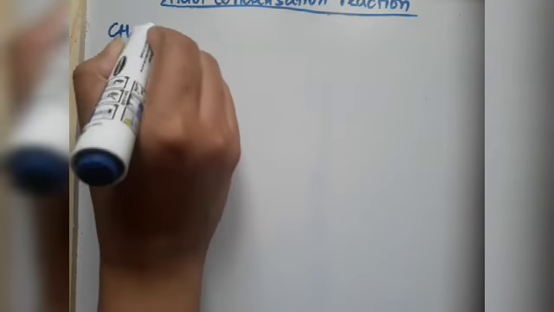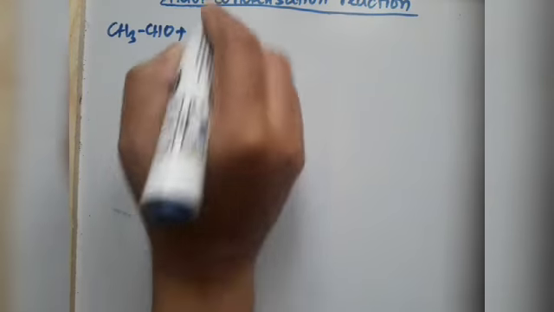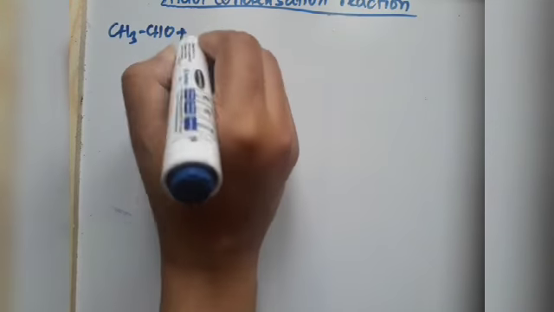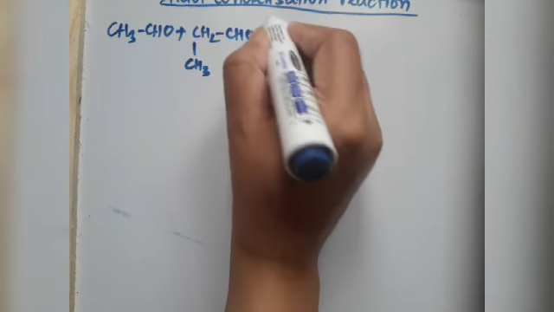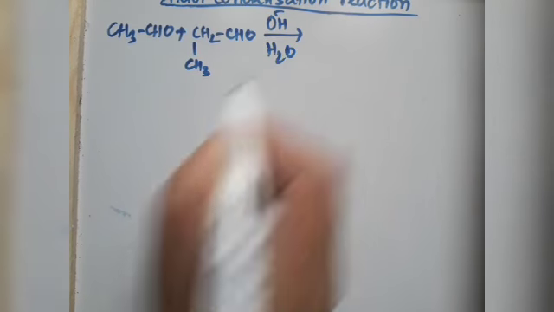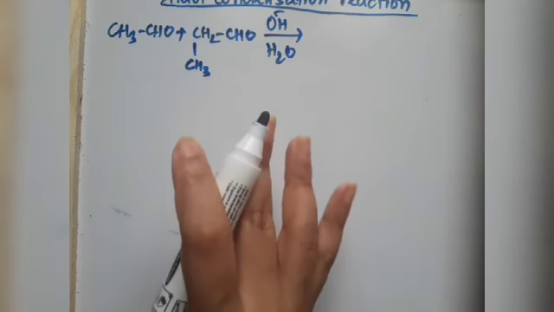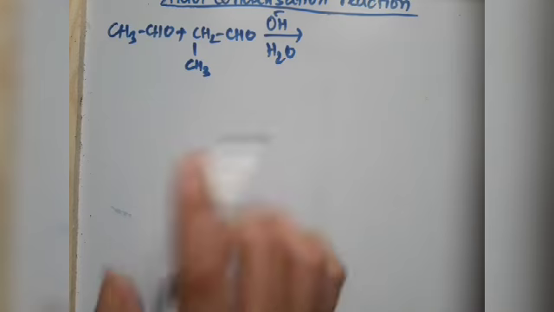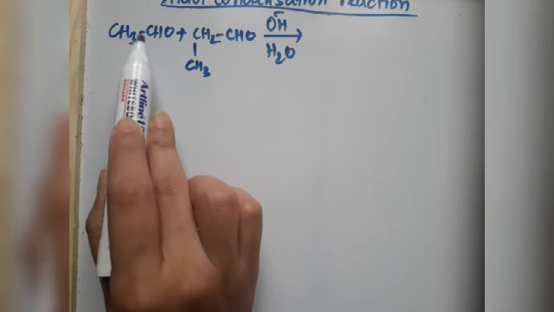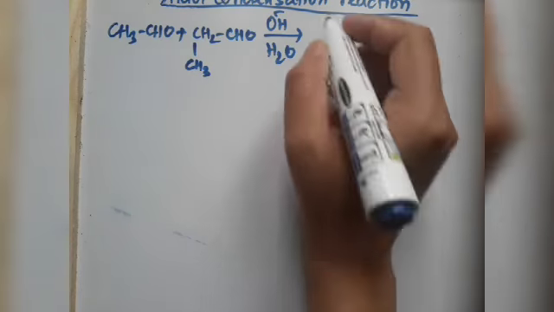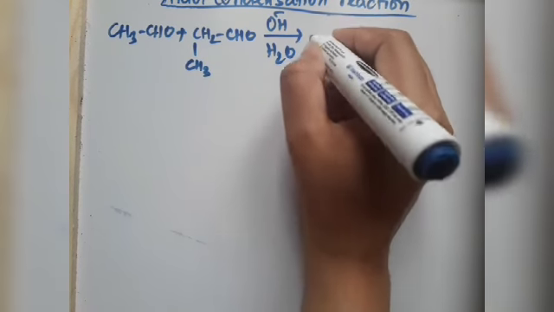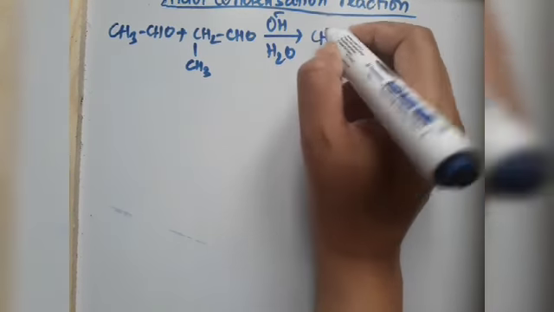For example, if you treat a mixture of CH3CHO, that means ethanal or acetaldehyde, and propanal, and react it with dilute alkali, then a mixture of 4 products you will get. 2 molecules of ethanal will react with each other, that means the self condensation product you will get, which I already discussed in my previous examples.